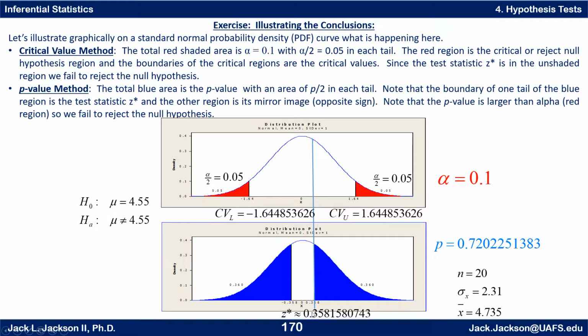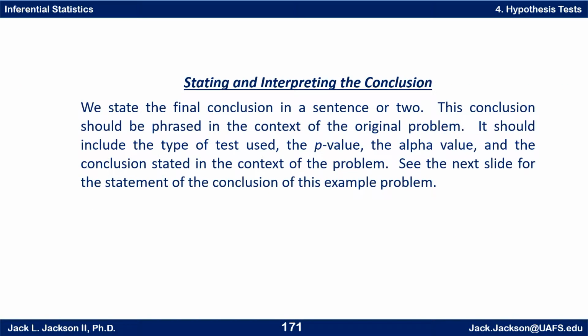That's the probability of getting a result this extreme, this or more extreme, if the null hypothesis is true, and there's a really good probability that could happen, and that is about 72%. So there's not enough evidence to reject the null hypothesis, so we do not have evidence that people are watching TV any more or less than they were in 2005.